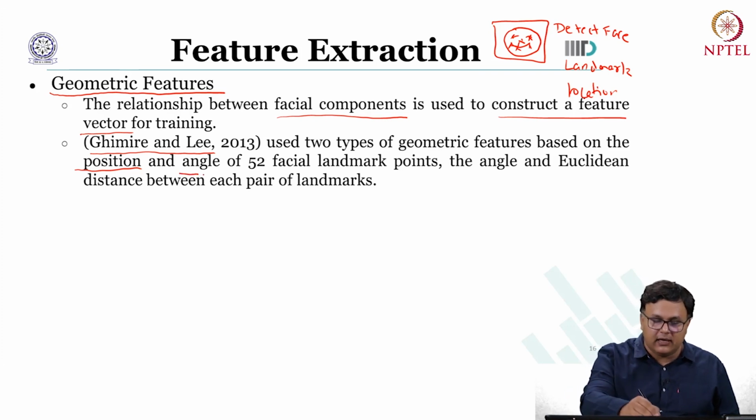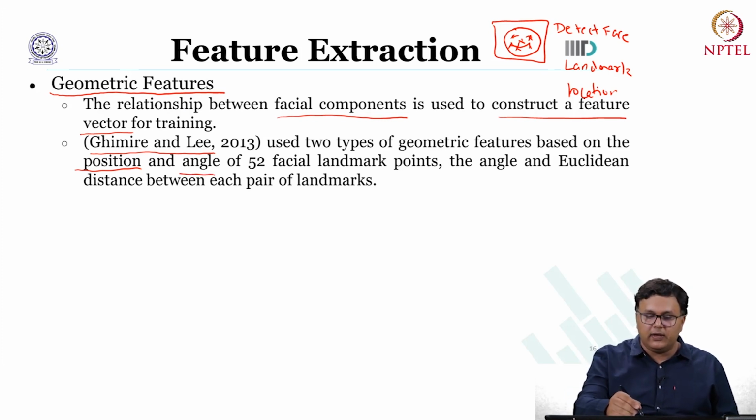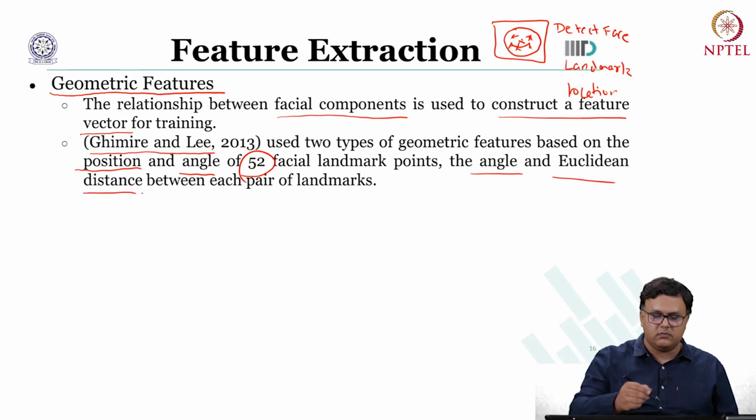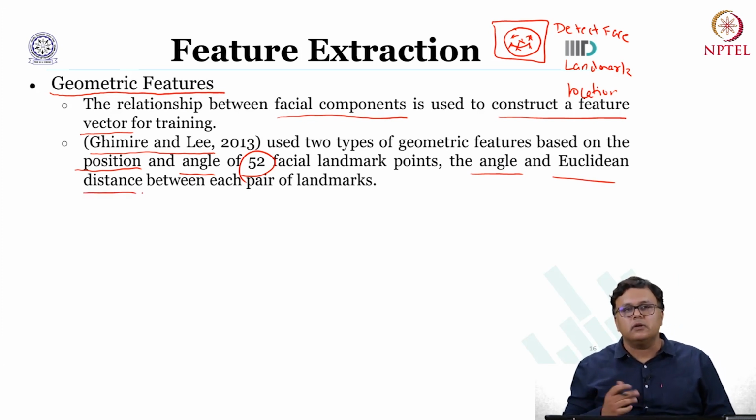Now you use the angle and the position, and you can have different numbers of facial landmark points, and you can create analysis of the expression based on the angle here and the Euclidean distance. Right? Now this will be a feature.